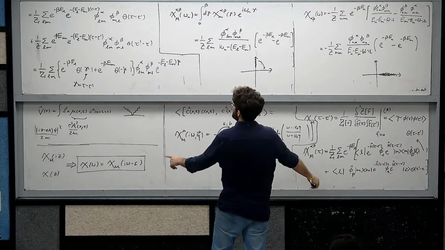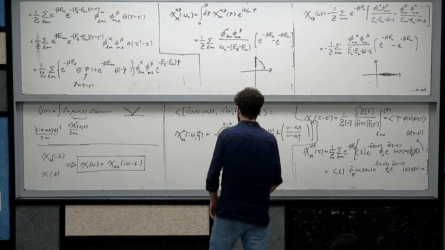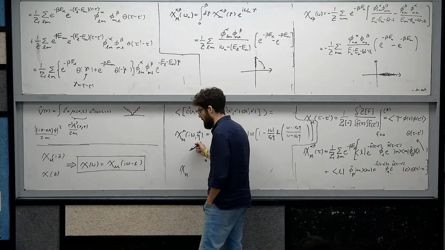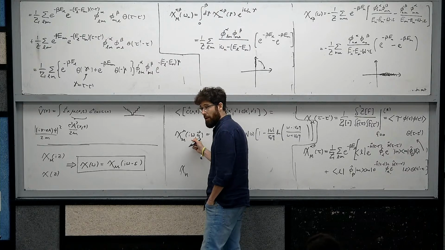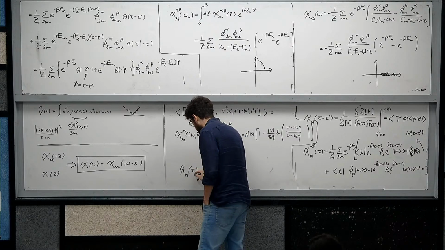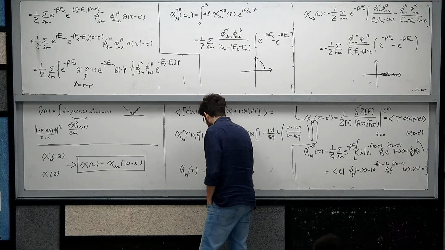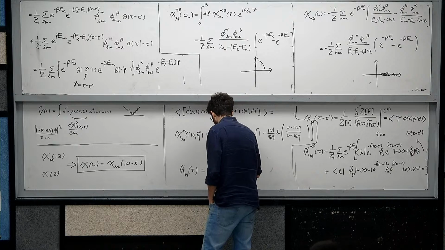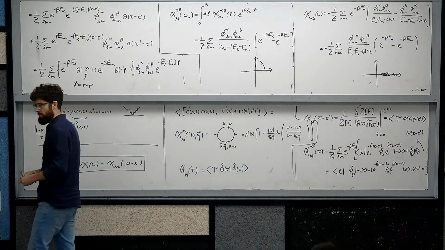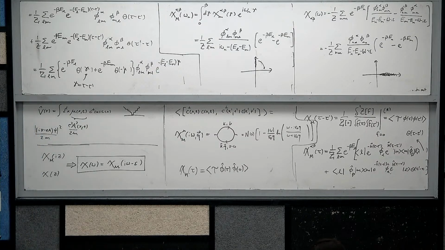Because chi m, maybe it's erased, but I want to remind you that chi m of omega is the Matsubara version of the imaginary time correlation function of tau, which is the time-ordered phi of tau, phi of 0. And this we know how to calculate. So when someone comes to a seminar and says, "I calculated the imaginary part of the self-energy," they mean this in the experiment?